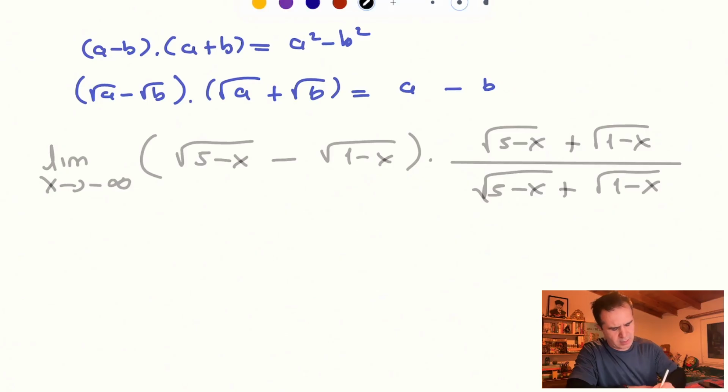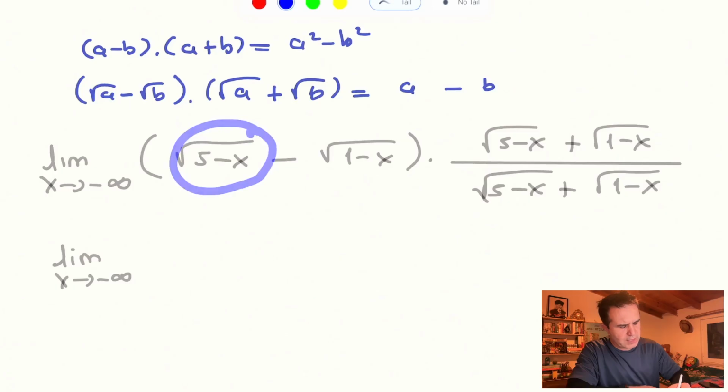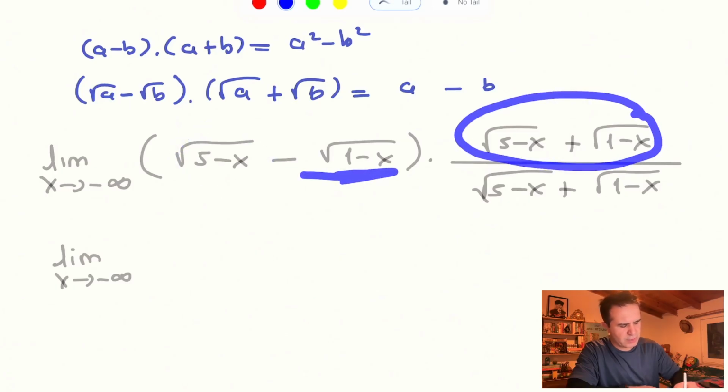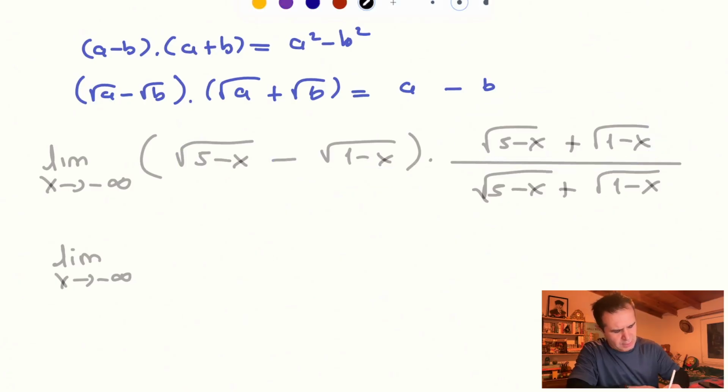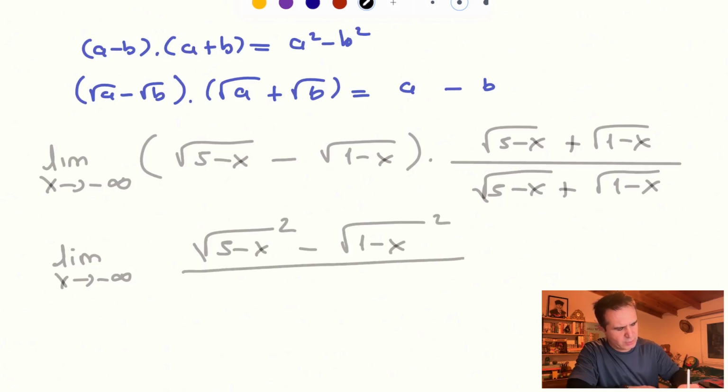And this is equal to limit as x approaches minus infinity, square root of 5 minus x minus square root of 1 minus x multiplied by its conjugate will be equal to square root of 5 minus x squared minus square root of 1 minus x squared divided by square root of 5 minus x plus square root of 1 minus x.